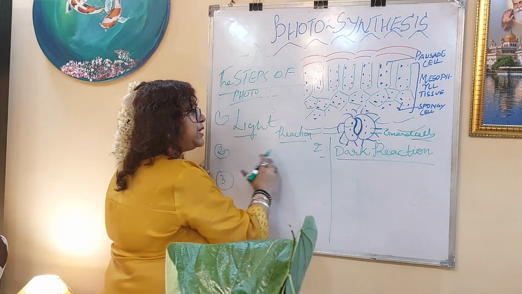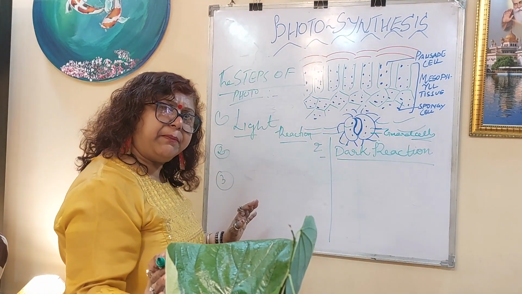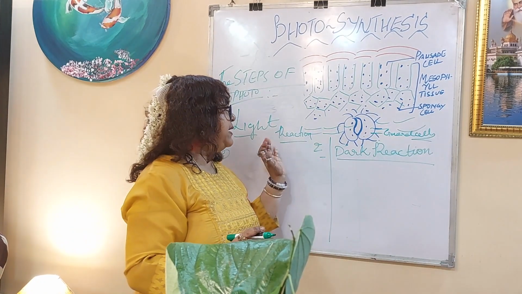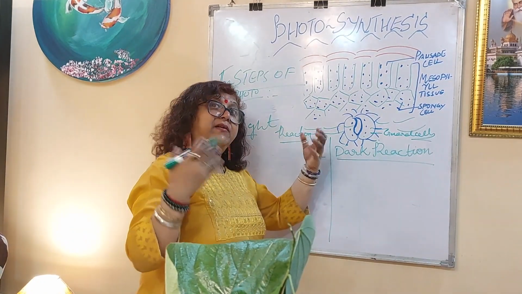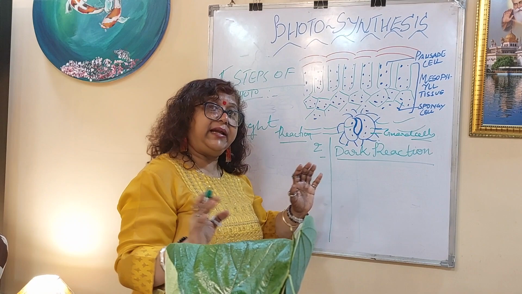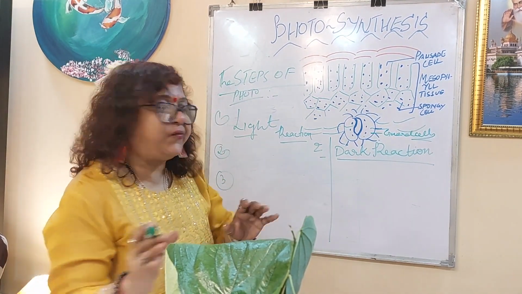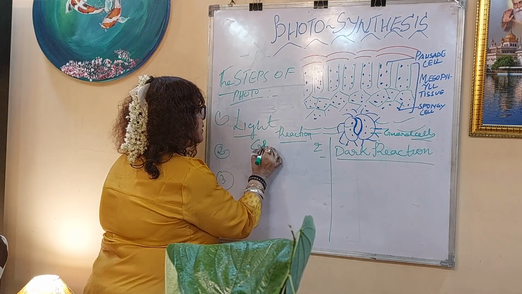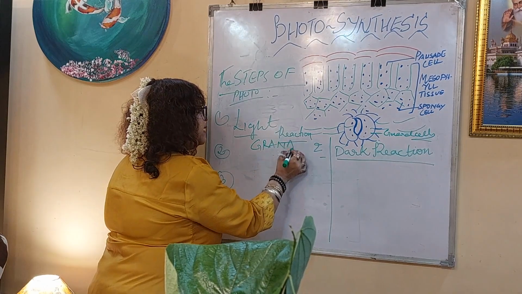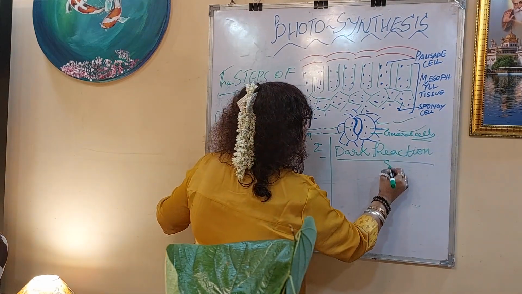Now these two reactions take place simultaneously in the plant. It doesn't mean that the light-dependent one will take place when no light is there. No, nothing like that. They take place simultaneously in the plant. Only the site is different. The light reaction takes place in the grana, and the dark reaction takes place in the stroma.